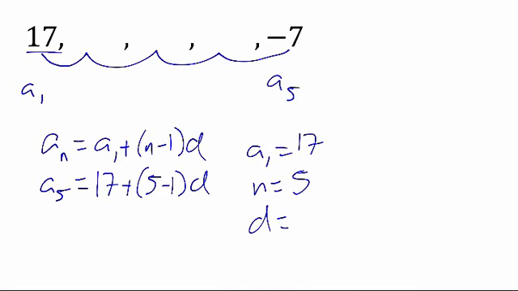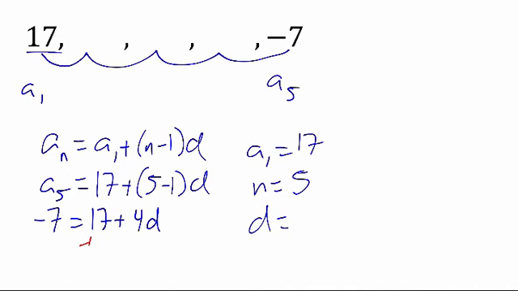Cleaning this up a little bit, a sub 5 happened to be that negative 7 that we had at the end, equals 17 plus 5 minus 1, which is 4, so we've got 4 times d, or 4d. Not 4t, but 4d. Trying to solve for the common difference, let's subtract 17 from both sides.